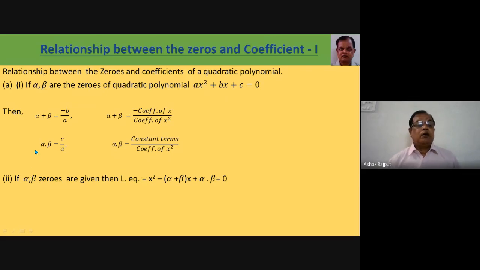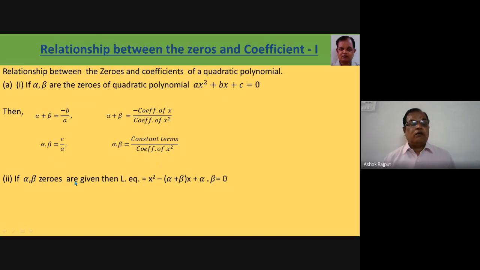So we have written here alpha plus beta and alpha into beta. If alpha and beta are the zeros of the given polynomial and we want to find the quadratic equation, because the zeros are 2, it is quadratic: x square minus, in the bracket, alpha plus beta, the sum of the zeros, into x, plus alpha into beta.